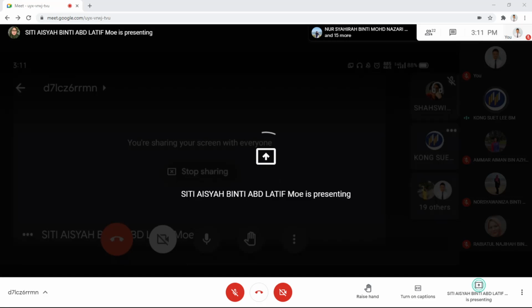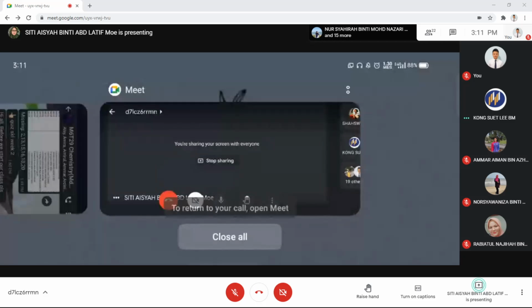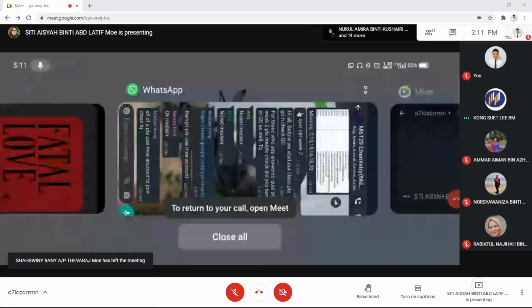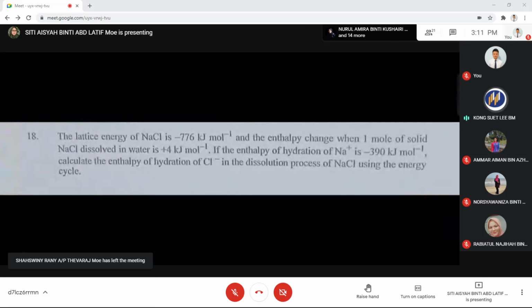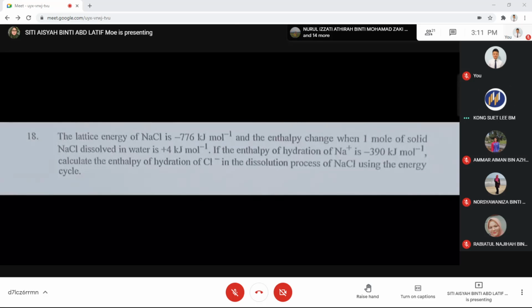Okay, yes, you are sharing. So, the question is about the dissolution process. The lattice energy of NaCl is minus 776 kJ per mole, and the enthalpy change when 1 mole of solid NaCl dissolves in water is positive 4 kJ per mole.